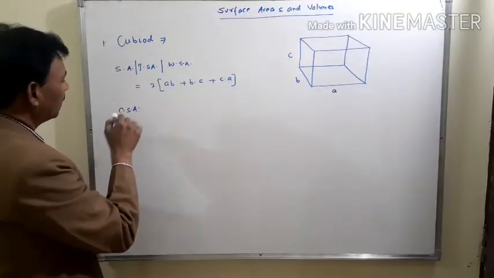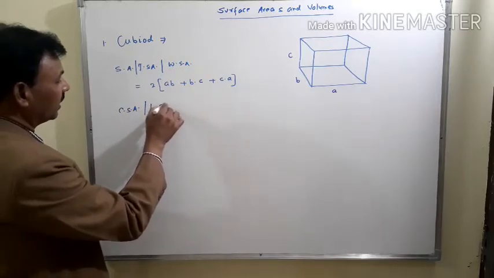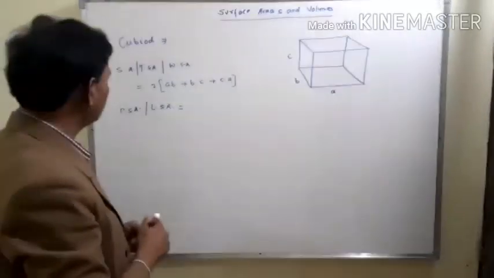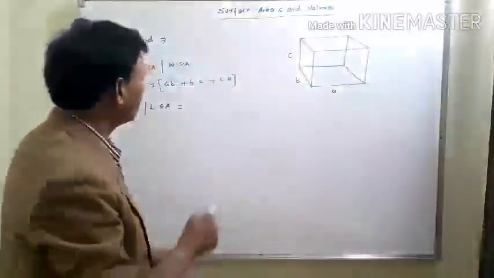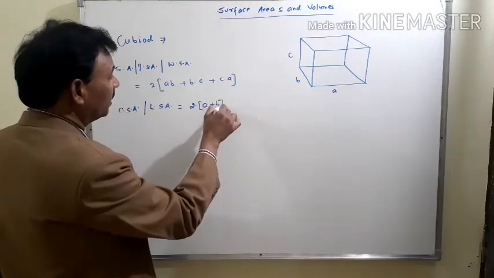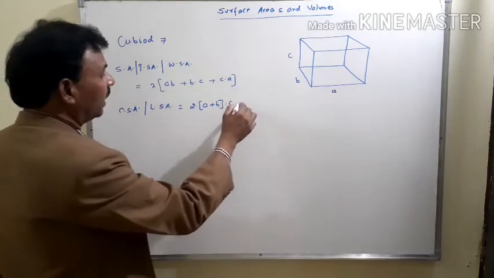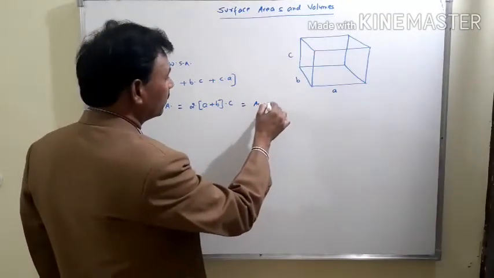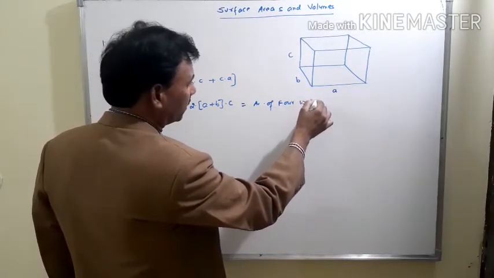CSA is known as curved surface area, or LSA, lateral surface area. In this area we leave out the area of the top face and bottom face. That means this will be 2 into A plus B into C, that means 2 into length plus width into height. And this area is also known as the area of 4 walls.